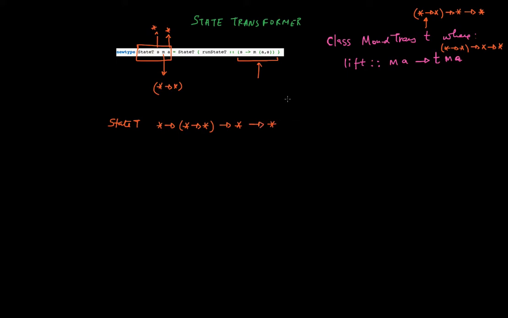If I partially apply this, meaning I pass in s, the kind for StateT s is basically the following.